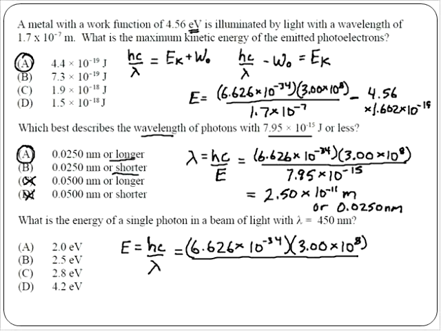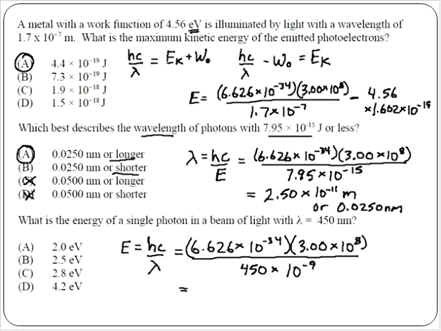Then I'm given my wavelength, this time in nanometers, so do be careful. I have to multiply that, sorry about that, by 10 to the power of negative 9. I was thinking ahead to the next step there.